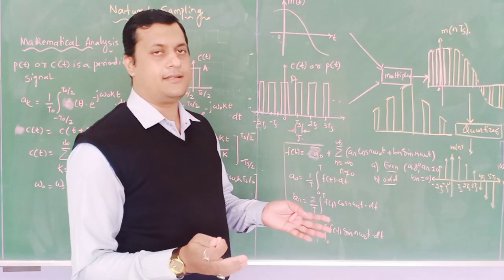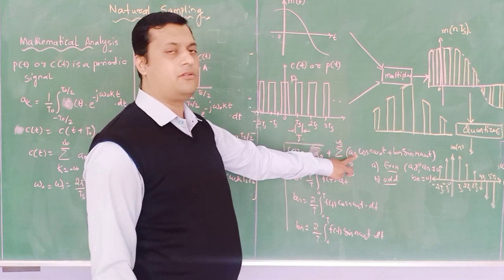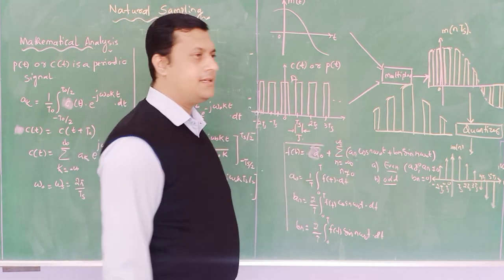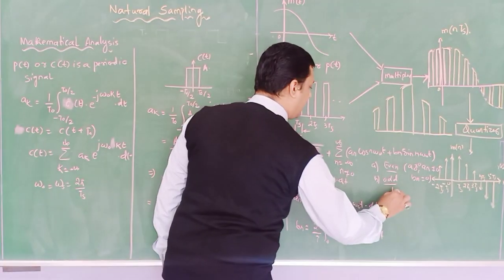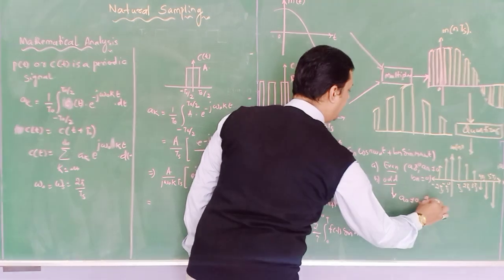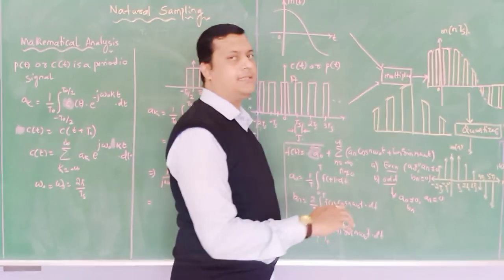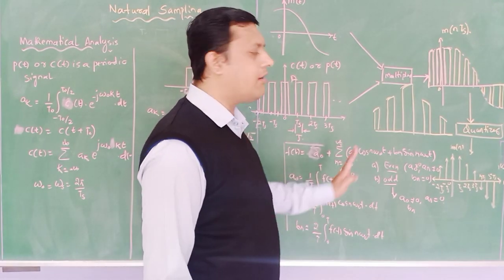Since it is symmetric, it is an even component, and the cos term is with respect to a n, so a n will exist. Similarly, if it is odd, a naught will exist, a n equals 0, and b n may or may not exist. That is for an odd signal.